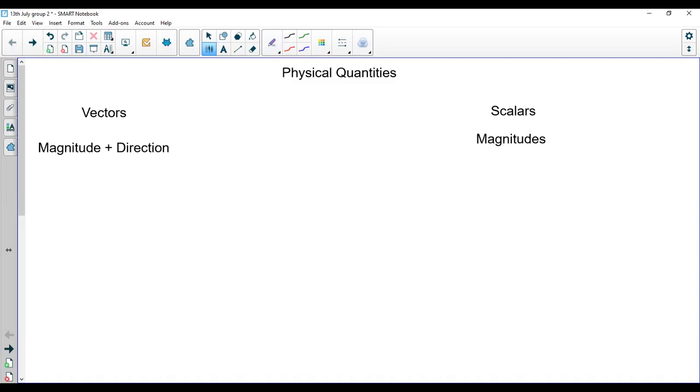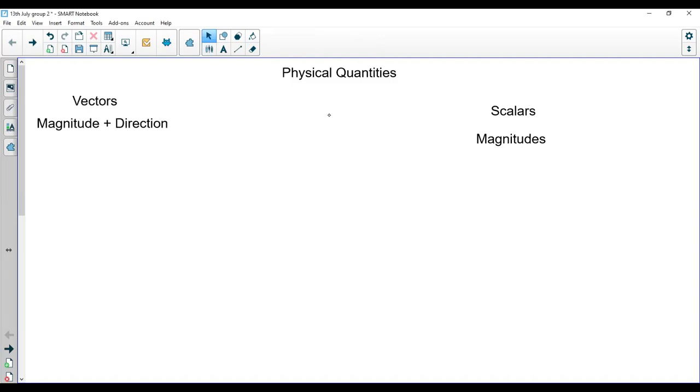Scalar quantities can be added or subtracted by simple mathematical rules, but vector quantities cannot. But before we go to that, we need the graphical representation of vectors.